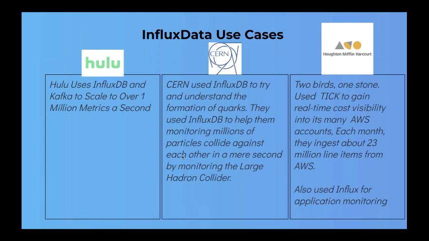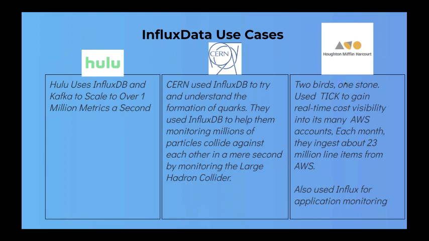And they have to monitor all of their equipment, all of their computers, and also track all of the particles that come out of the collision, which is millions of particles. So they were using Influx to monitor a bunch of different machinery, and they were able to find or understand the formation of quarks, all using the open source.